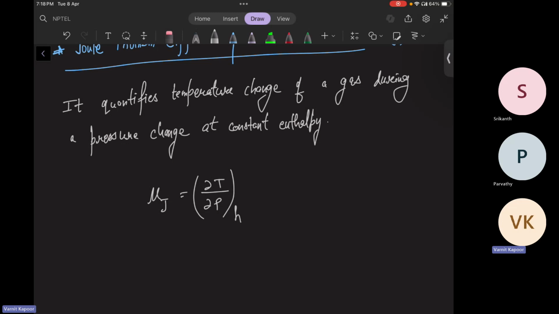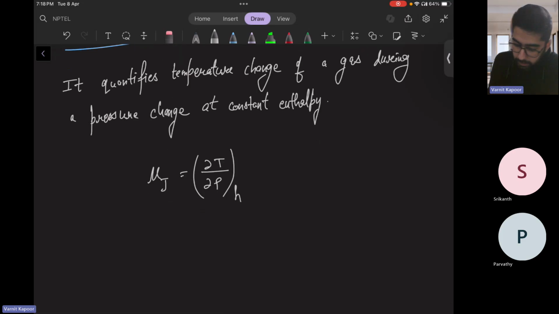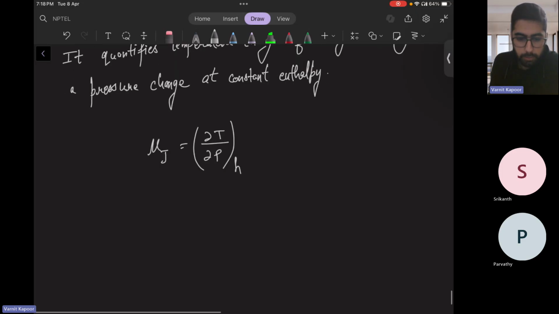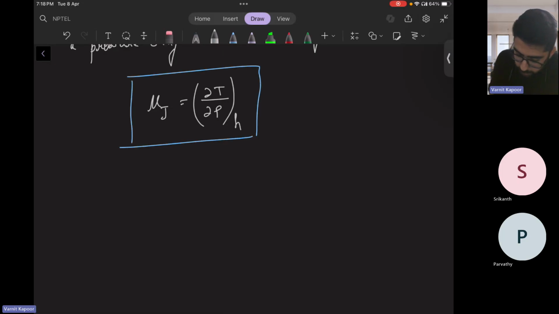Okay, sorry for the interruption. So the Joule-Thomson coefficient is the temperature change with respect to pressure change at constant enthalpy. We'll derive this relation as well. From the TdS equation, TdS is dH minus VdP.